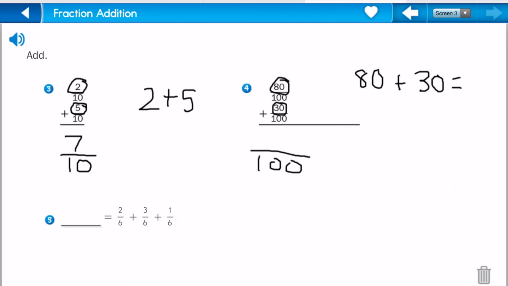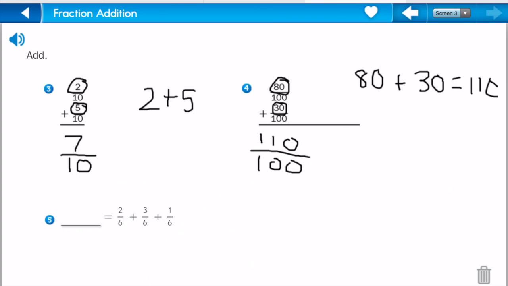So I can just add my 8 plus my 3. Then I get 11. And then I just add my 0 to the end. And so I get 110. So that's one way you could write it.